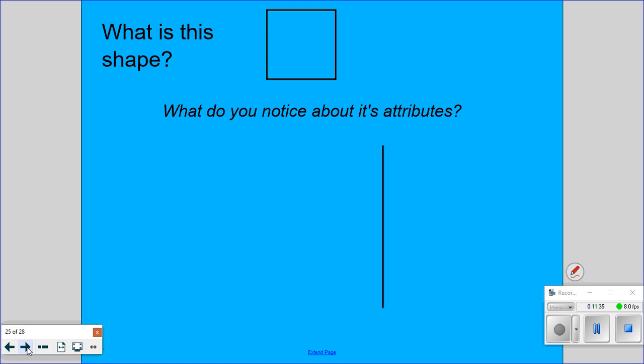Partition the rest of your paper not equally. Notice I did not draw it in half. I separated it into two sections, but one side we're going to write a lot, and the other side we're not going to write as much.